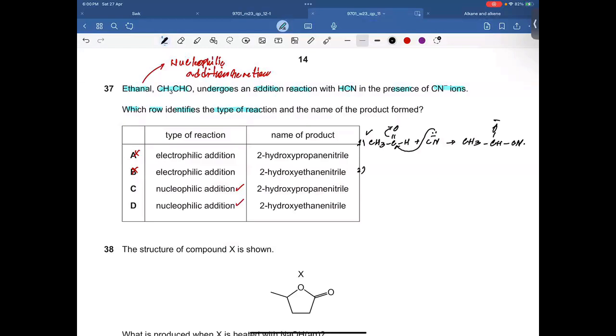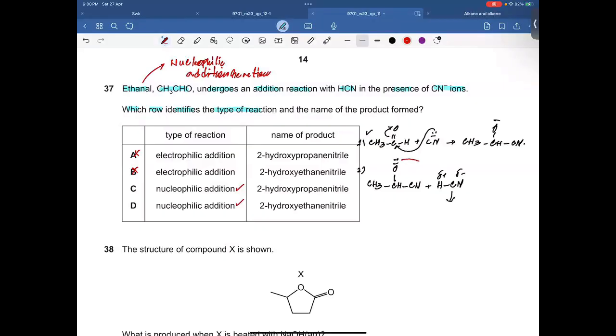In the second step, this negatively charged oxygen atom reacts with HCN, which is a weak acid. So it has slight positive, it has slight negative.